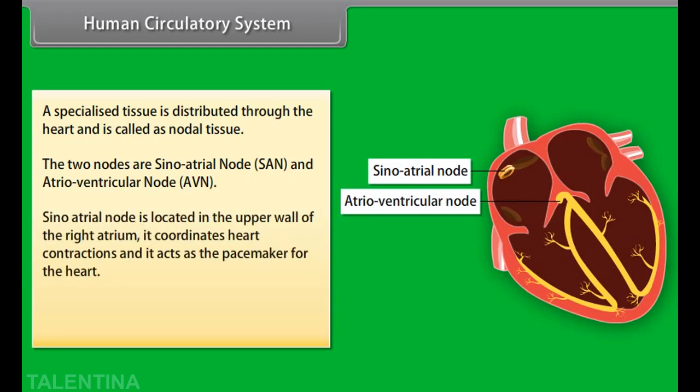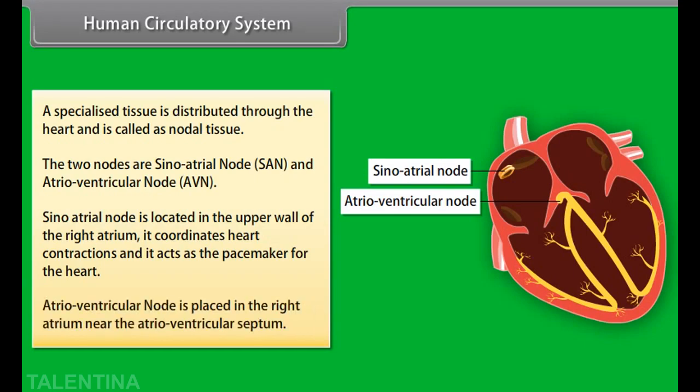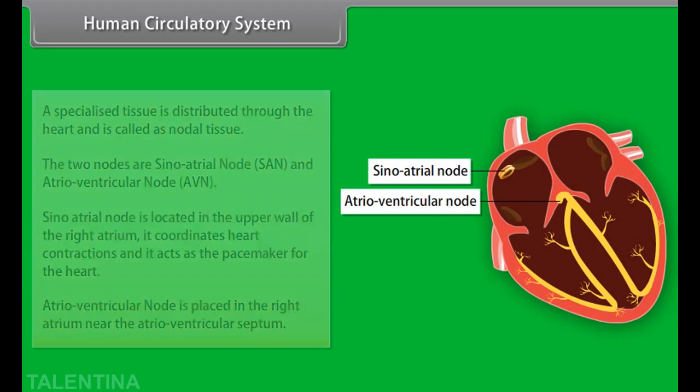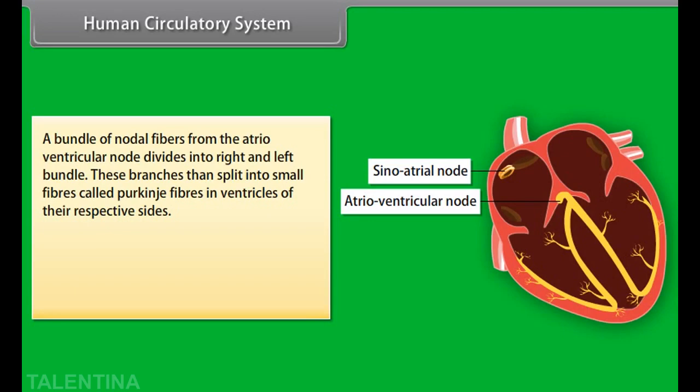Sinoatrial node is located in the upper wall of the right atrium. It coordinates heart contractions and acts as the pacemaker for the heart. Atrioventricular node is placed in the right atrium near the atrioventricular septum. A bundle of nodal fibers from the atrioventricular node divides into right and left bundle.